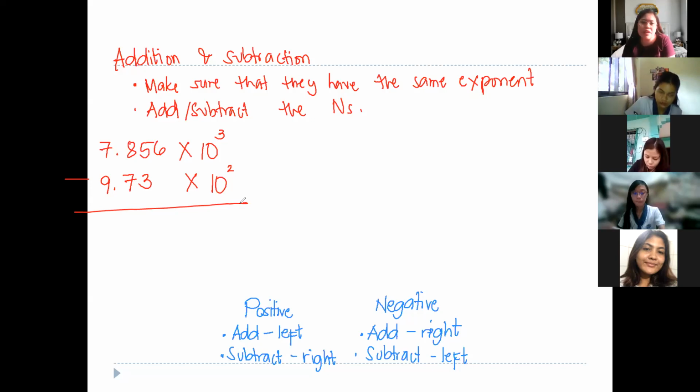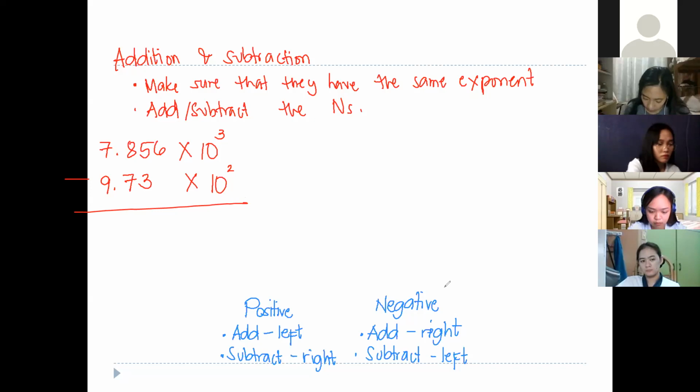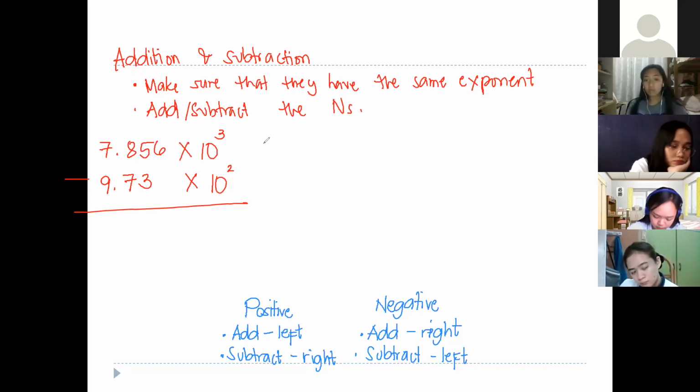The same rules still apply. So 7.856 times 10 raised to the power of 3 minus 9.73 times 10 raised to the power of 2. The same rule: make sure that they have the same exponent. The movement is still the same if positive. If we want to add, let's adjust the decimal to the left. If we want to subtract, we go to the right. Once we adjust so that their exponents are the same, then we subtract the N.